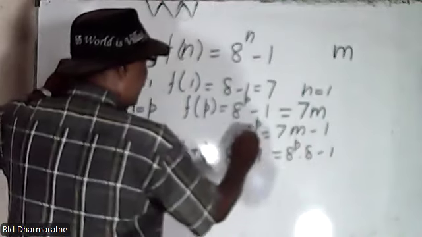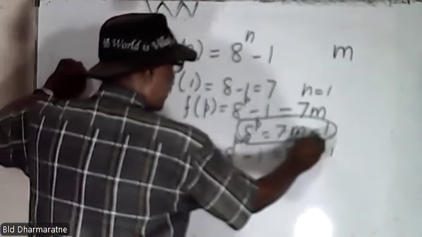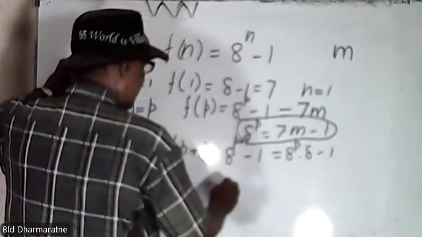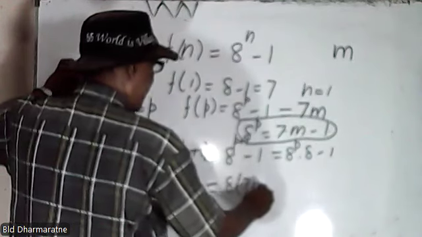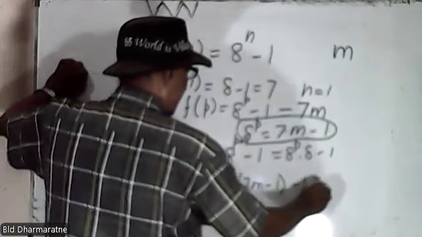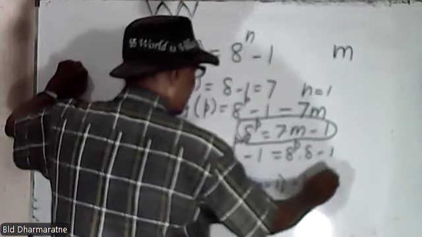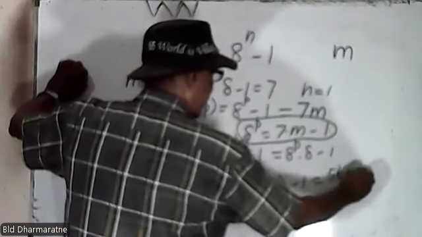Listen, 8^p equals 7m plus 1. So this is 8 times (7m plus 1) minus 1, which equals 56m plus 7.